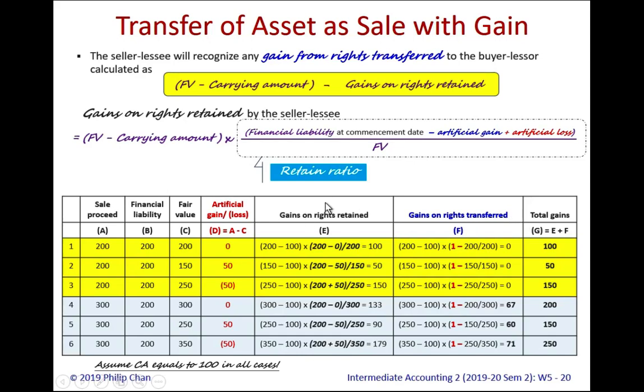If you know the gains on rights retained, which is this number, and if you know the total gain, which is fair value minus CA, the difference would then be gains on rights transfer. And we've worked out the total gain in this column, right? So simply 200 minus 133, 67, 150 minus 90, 60, and then 250 minus 179, 71.